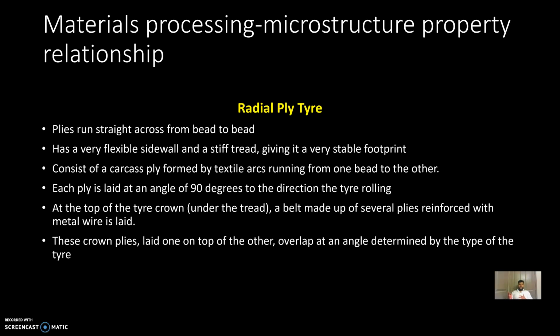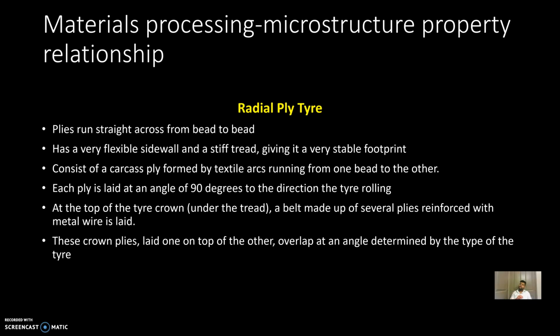Now, compared to the past two types, in the radial ply tire the plies run straight across from bead to bead, and it also has very flexible side walls and stiff treads, giving it a very stable footprint. It consists of a carcass ply formed by textile cords running from one bead to another.